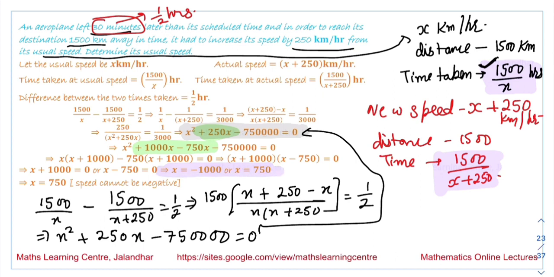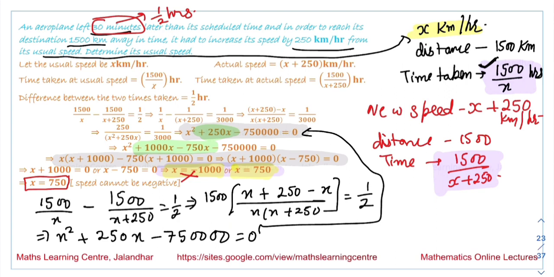You must try these calculations on your own, but for the sake of the solution, we have shown these calculations here, and we obtain x equal to minus 1000 or x equal to 750. As speed cannot be negative, x equal to minus 1000 is not possible. So the value of x is 750.